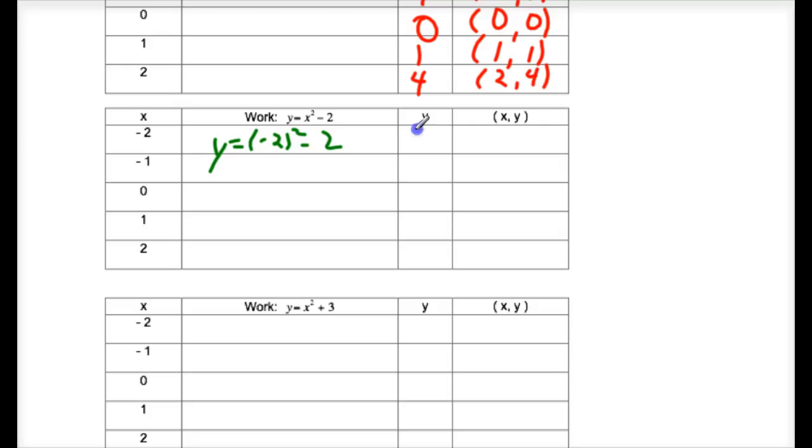Thank you. Whenever you substitute a number in and you're squaring x, you have to put parentheses. Negative 1 squared minus 2. You subtract by C. That's why it's minus 2 from the parent function.